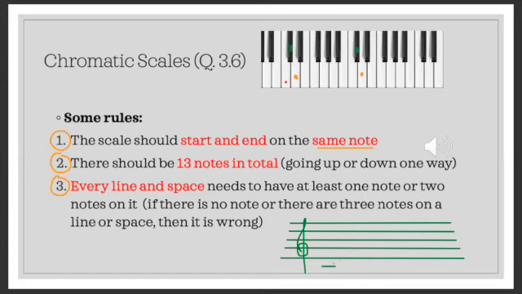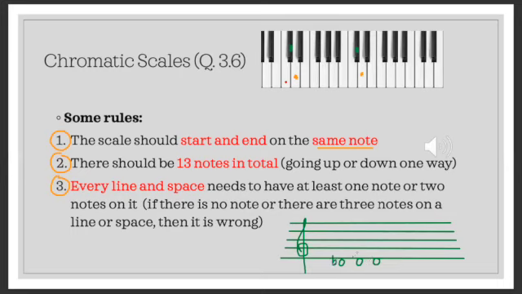In a chromatic scale, in no particular order, if I jump this space over here and I go from a C directly to an E, that will be considered incorrect. So I cannot skip one. I also cannot have 3 notes on the same position.